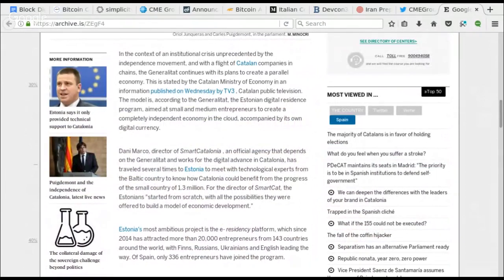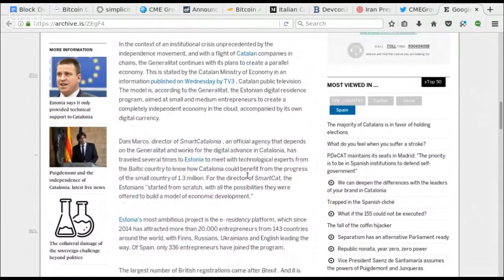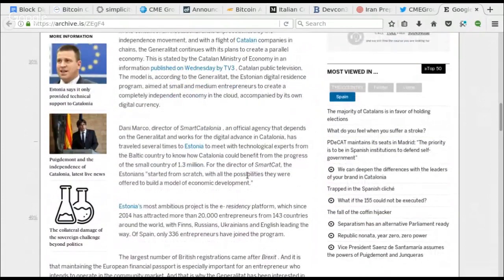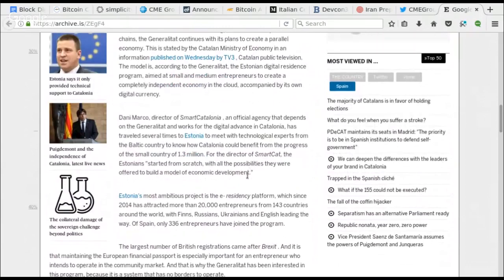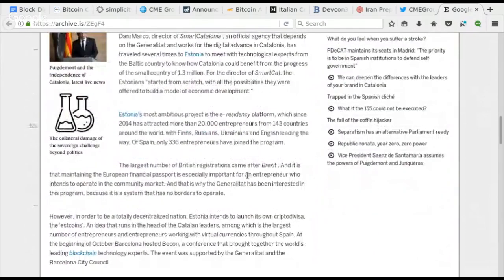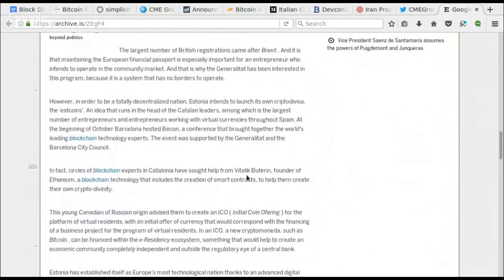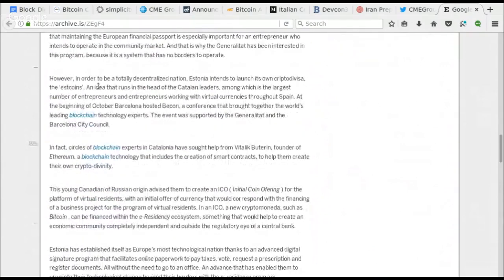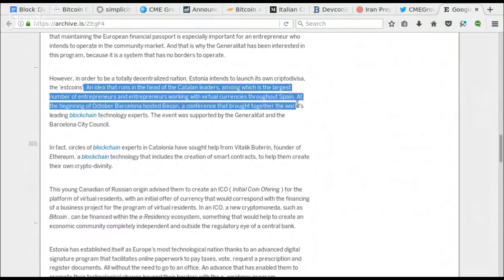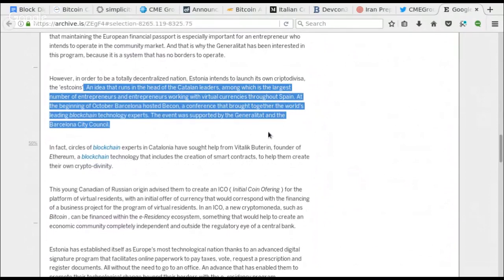This article, "Proof of Vitalik," is the one that the Cointelegraph and the IB Times both linked to, and I thought it was very, very interesting because in all three articles there's this guy, Daniel Marco, from the Smart Catalonia project or whatever.